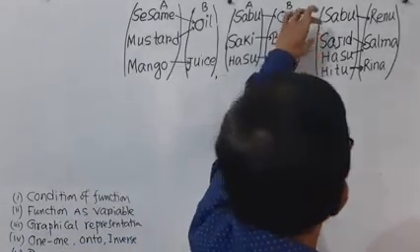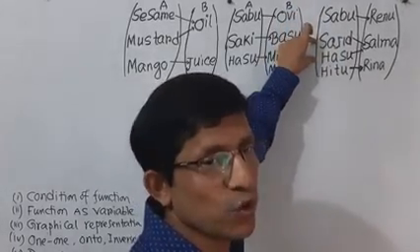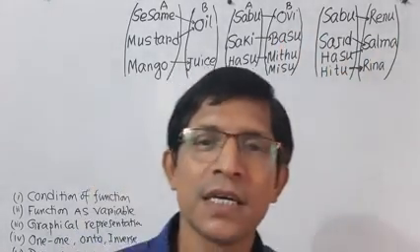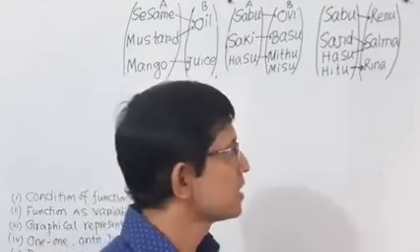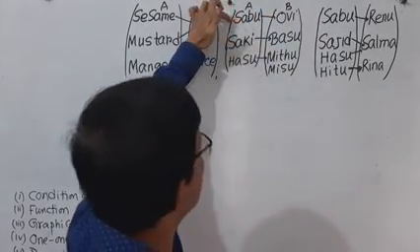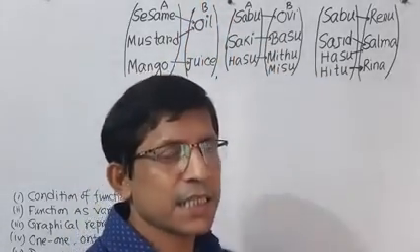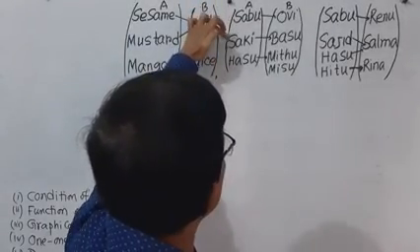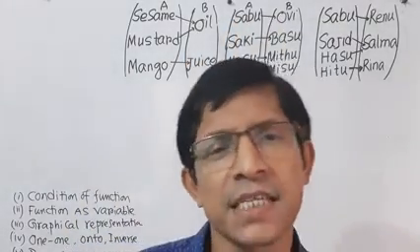In this set, two elements of the first set, that means two individual inputs, give the same output, that means the same image. So what is the definition of a one-one function? If the individual elements of the first set of two non-empty sets are related in such a way that each individual element has an individual image in the second set.